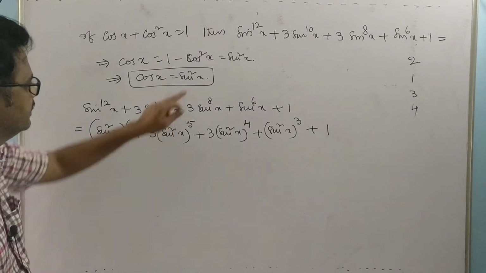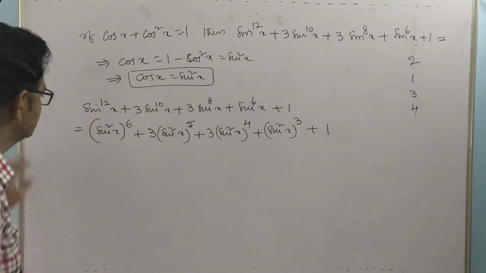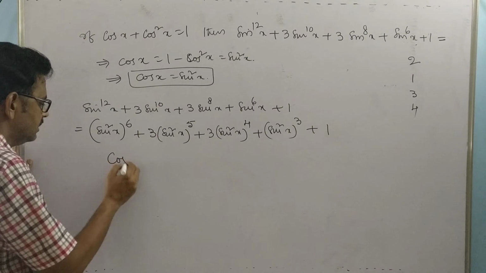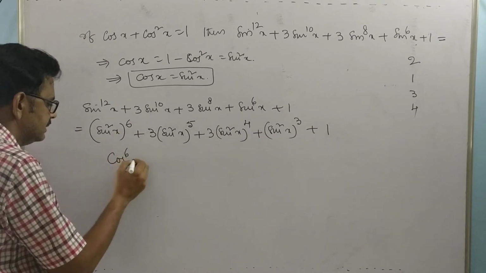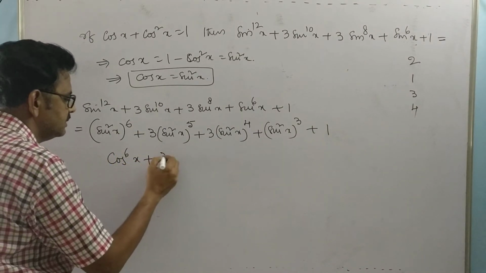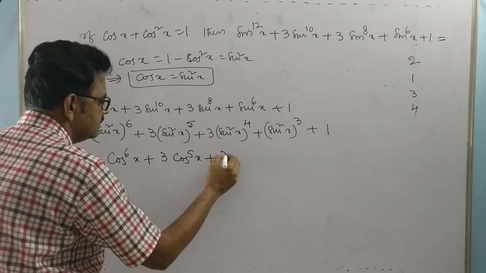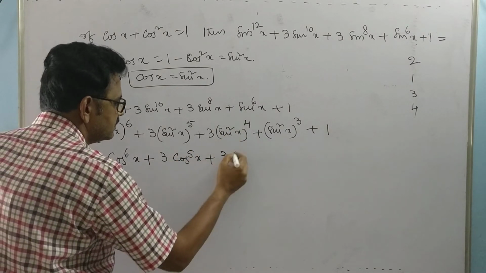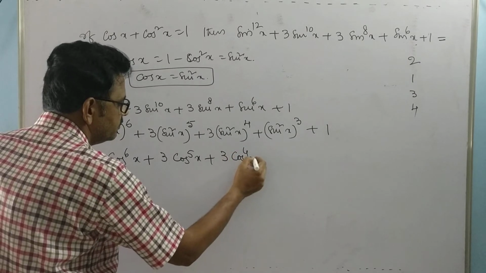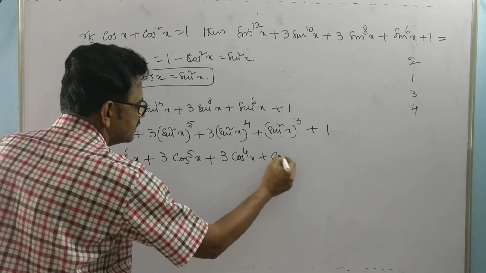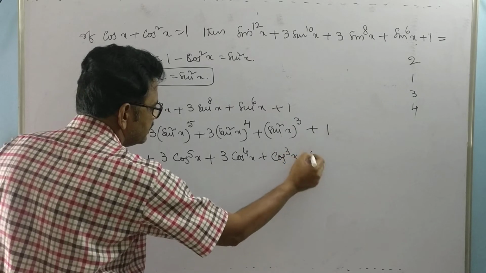Where sin square x equal to cos x, so this is cos power 6x plus 3 cos power 5x plus 3 cos power 4x plus cos cube x plus 1.